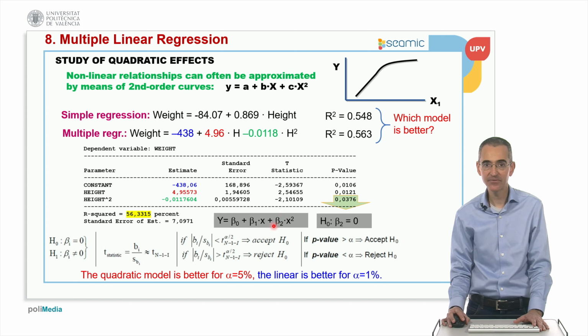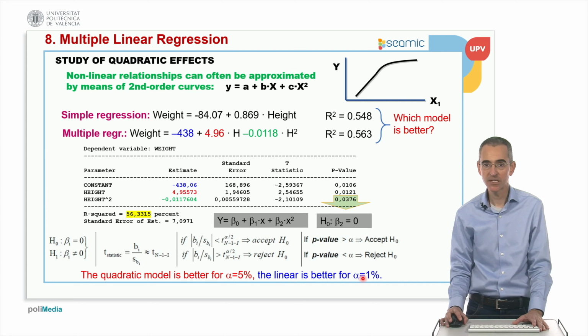We don't have enough evidence to say that this coefficient is not 0, so it should be considered as 0. Then this term goes out. We should remove the quadratic term from this equation, and then it just becomes a straight line.